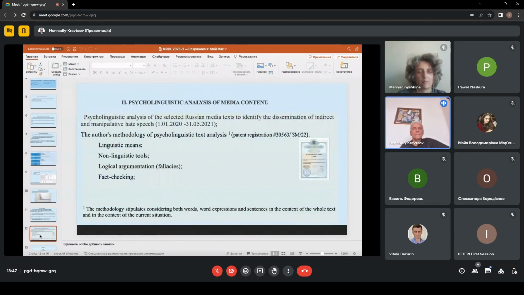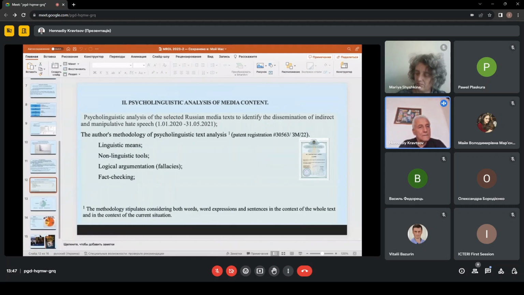After texts were selected, they were subjected to thorough psycholinguistic analysis. We analyze linguistic means, non-linguistic tools, logical argumentation, fact-checking. Also, we take into consideration hashtags under the headlines, and which words, expressions, and abstracts were bold in the text.